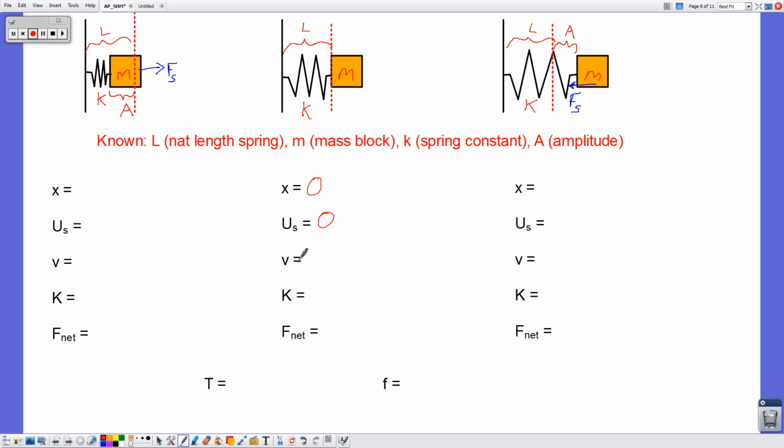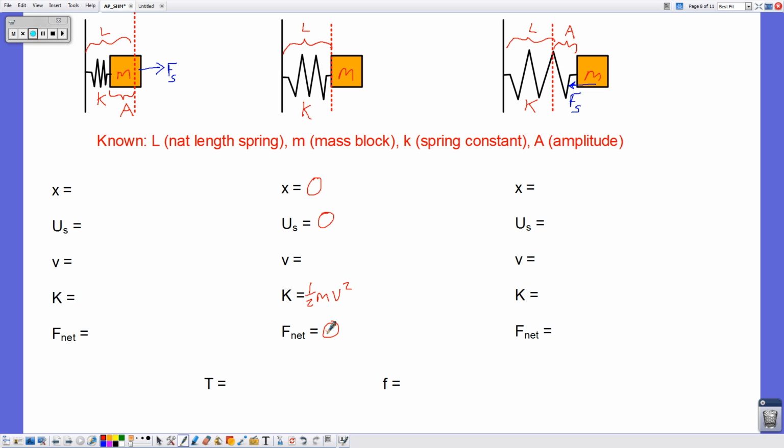Okay, which means that the speed is something or another. The kinetic energy, well, that's going to be 1/2 mv squared. But that's no good because I have it in terms of v, and I need it in terms of this stuff. All right, so I'll come back to that. F net, I know that one. It's 0. All right, so I got some work to do here.